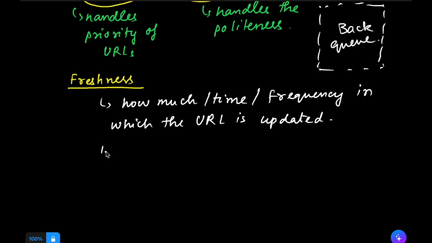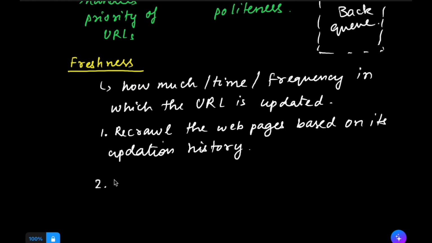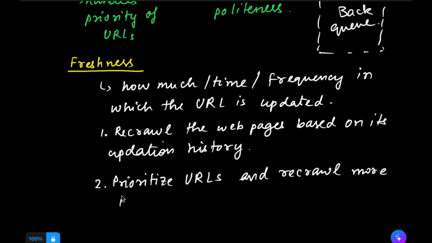We can recrawl the web pages based on their update history. And second, we can prioritize URLs and recrawl more important pages. So in this way we can handle the freshness.